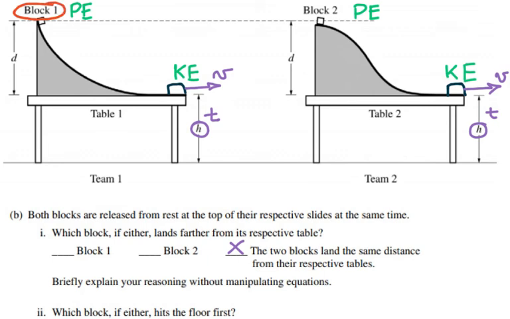If you look at these two paths, the first block will reach its bottom before the second block does. So even though they have the same velocity when leaving the tables and will land the same distance away from the table, block 1 will reach the ground first, because its path, the Brachistochrone curve, allows the block to reach the end of the table faster. Again, watch the videos in the links about the Brachistochrone curve.